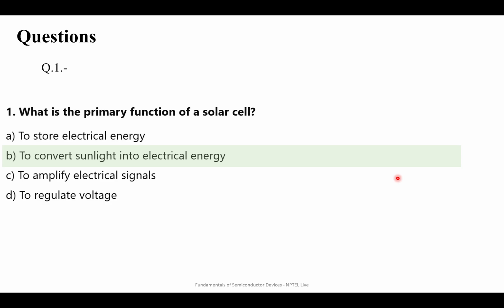It is a device which, when sunlight falls on it, creates a potential and charge which can be stored and then used later.